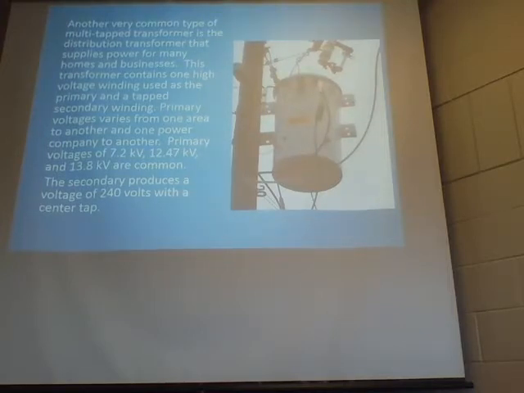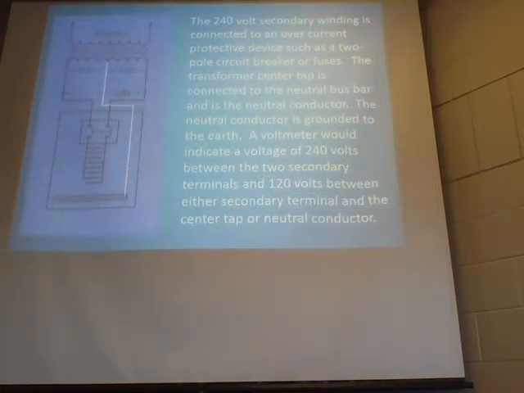The secondary produces a voltage of 240 volts at the center tap. The 240 volt secondary tap is connected to an overcurrent protective device such as a 2-pole circuit breaker or fuses. The transformer center tap is connected to the neutral bus bar and the neutral conductor. The neutral conductor is grounded to earth.